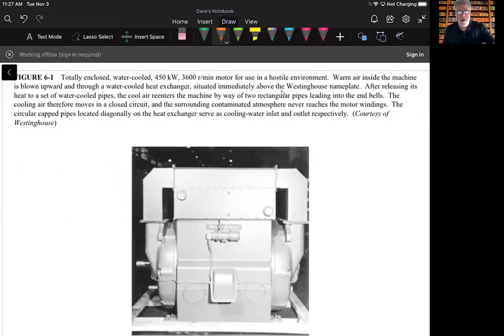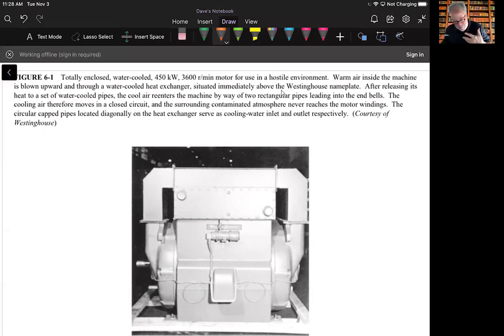And again, as I mentioned in 6.0, sometimes we underestimate or undervalue the effect that heat has in an electrical machine. It's a big deal. It has to do with how the machine is not only designed, but how it's operated, what we can do safely and without damaging the electrical machine.